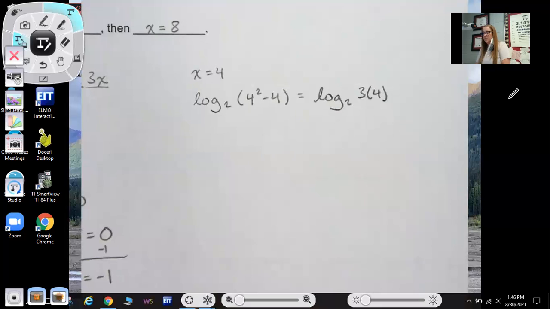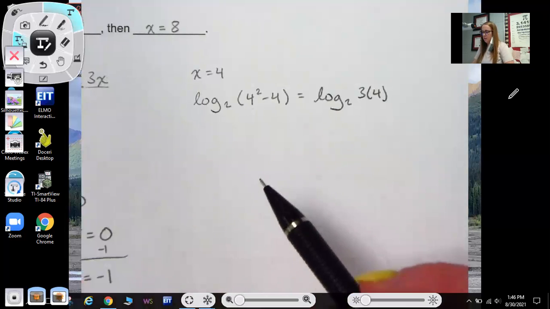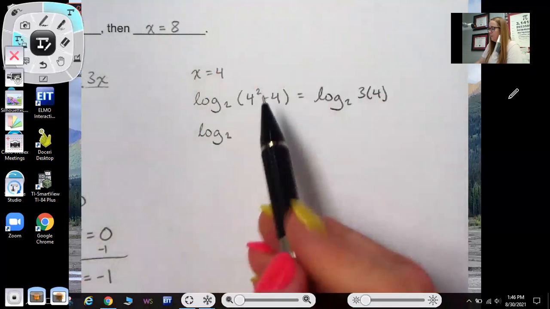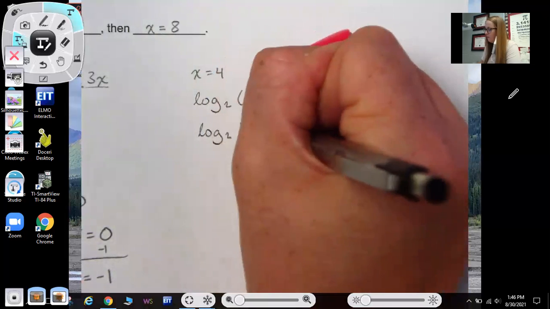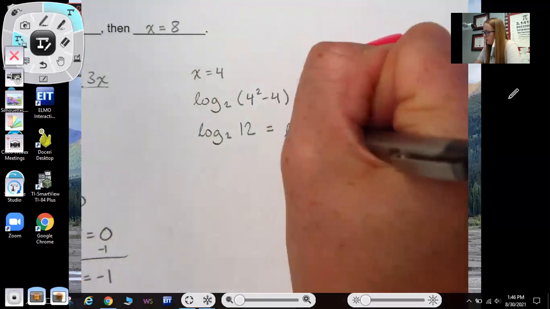So all I did was take the very original equation, I plugged in 4 for x. So we can simplify this a little bit here. 4 squared is 16, minus 4 is 12. And then 3 times 4 is also 12.